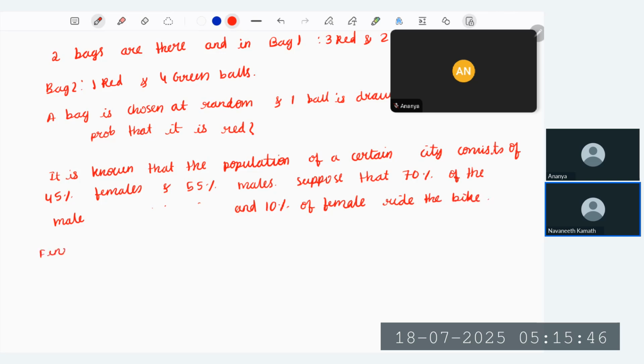Find the probability that a person is a bike rider.